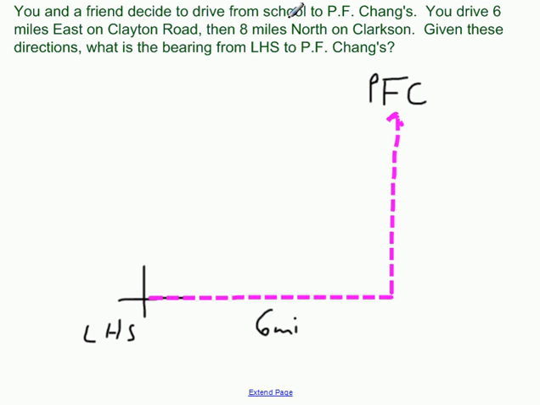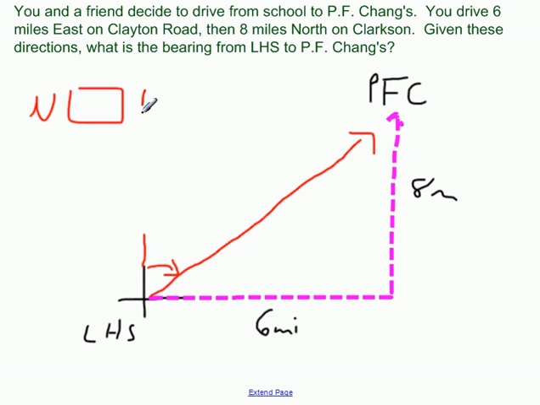Once again, I realize this isn't quite exact, but it gets the job done. So 8 miles north. Now your bearing from Lafayette to P.F. Chang's is that red line, and we need to know that angle measure. Because from that red line, it's easy to tell that this is north so many degrees to the east.